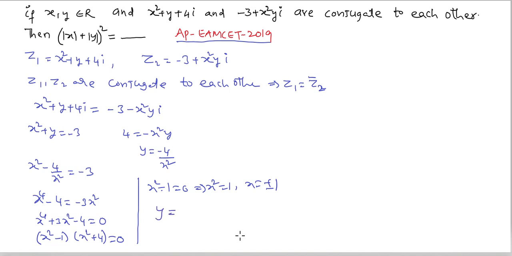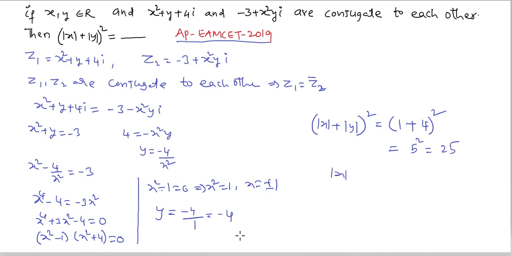Putting in this, y is equal to −4 by x², x² is 1, so y is −4. So (|x| + |y|)² is equal to (1 + 4)², that is 5² is equal to 25. Therefore, (|x| + |y|)² is equal to 25.